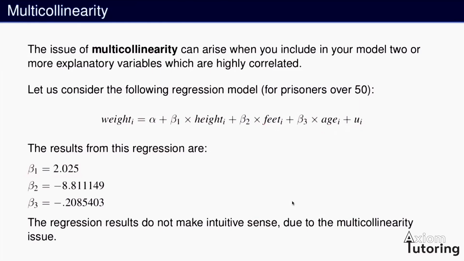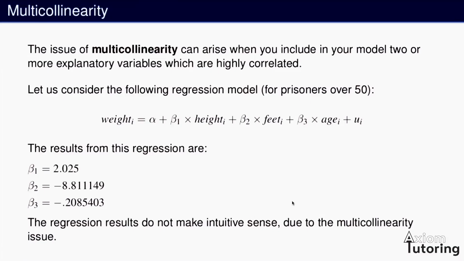So here we see that we do get results when we run this regression. The statistical software will not give out any warning, it will run it without any problems. But now the regression results will not necessarily make any intuitive sense due to that multicollinearity issue.